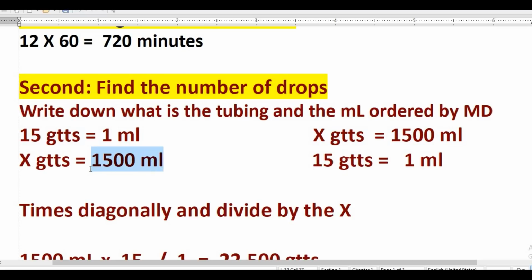We're looking for drops. Now it's important that you keep the drops in one column and the milliliters in another column. Do not mix the two. Put drops to the left and milliliters to the right, or milliliters to the left and drops to the right, however you want to figure it out. Just keep drops with drops and milliliters with milliliters.